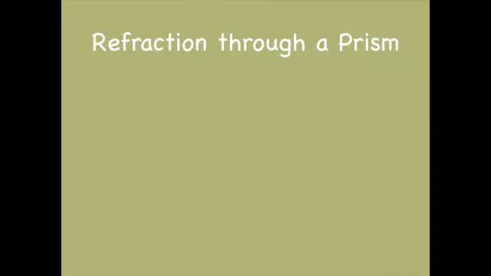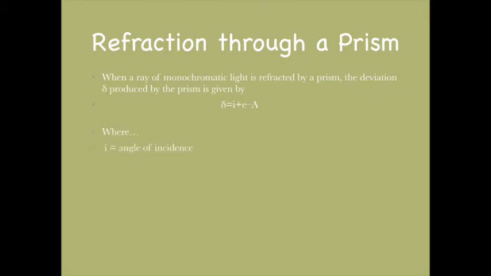Now let's study about the refraction through a prism in detail. So when a ray of monochromatic light is refracted by a prism, the deviation produced is given by the formula delta equal to i plus e minus A, where i is the angle of incidence, e is the angle of emergence, and A is the angle of the prism.